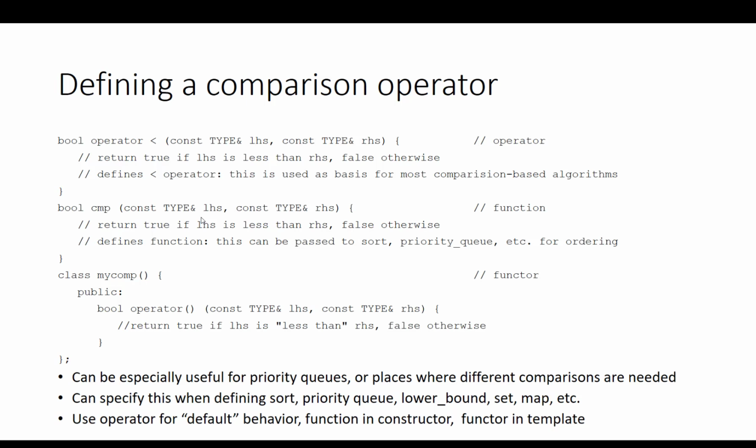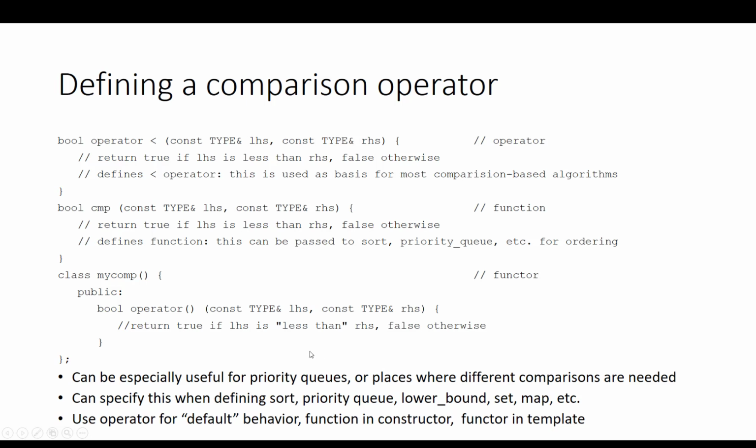So, for instance, if you want to sort largest to smallest instead of smallest to largest, you can define a comparison that takes in the left-hand side and the right-hand side and flips it around. It returns whether it's greater than or not. That'll flip the whole comparison around the other way, and that's something you pass in as that third parameter. Notice if you define the less than operator, you don't necessarily need to define a comparison function.